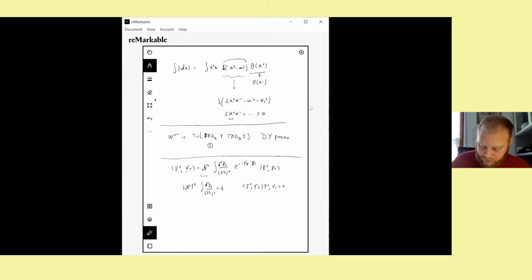This is proportional to the delta function of p prime minus p, with a proportional sign, not alpha. So the normalization is just to ensure that you get the correct delta functions when you take the bra and the ket of the same state with different positions and momenta. So nothing really there.